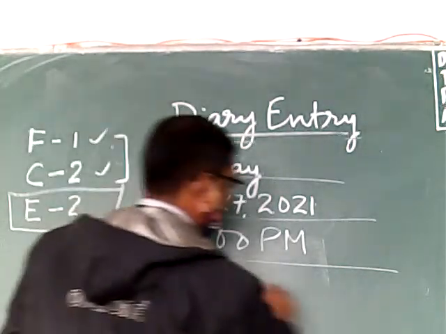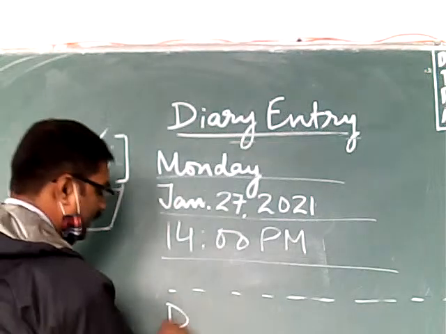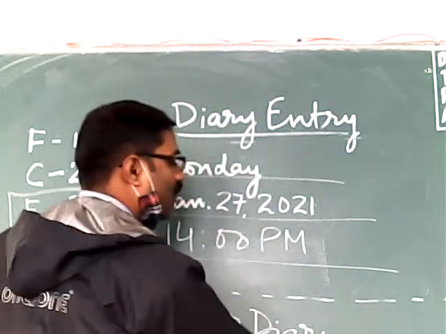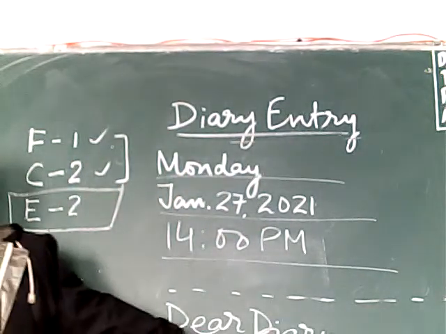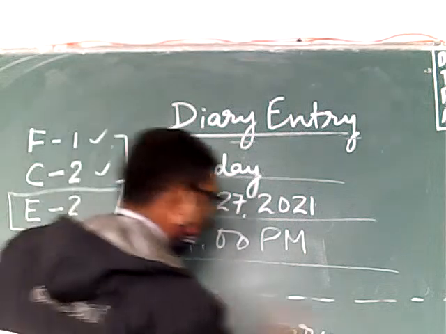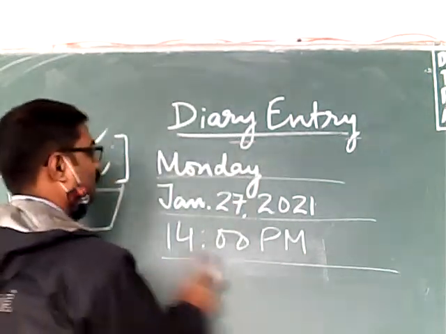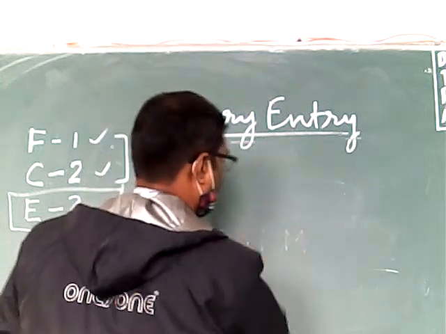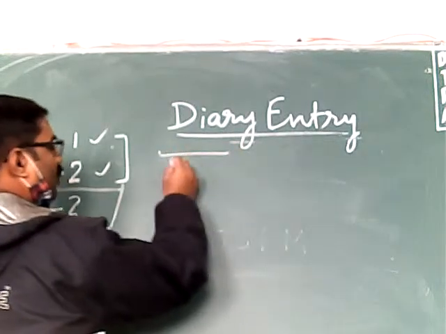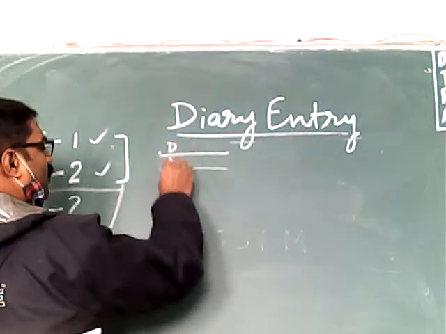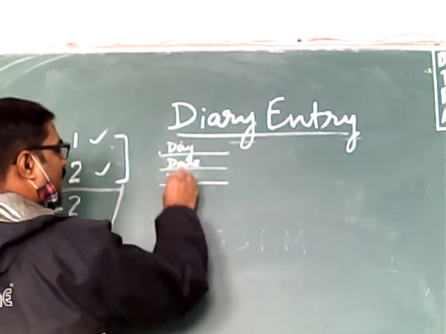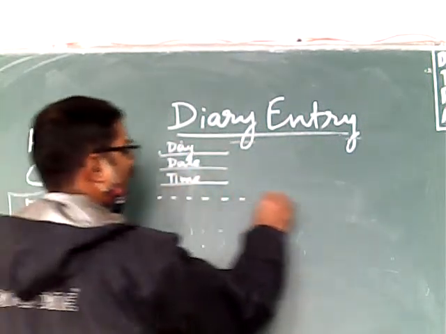Then one line blank, and here you will write Dear Diary. In the new pattern, we do not put a comma. So in the first line you wrote the day, in the second line the date, in the third line the time, and then one line blank.